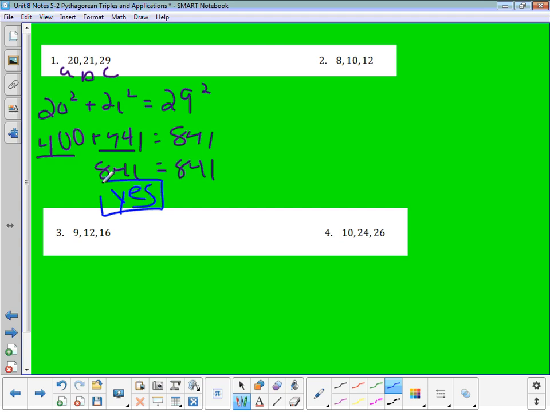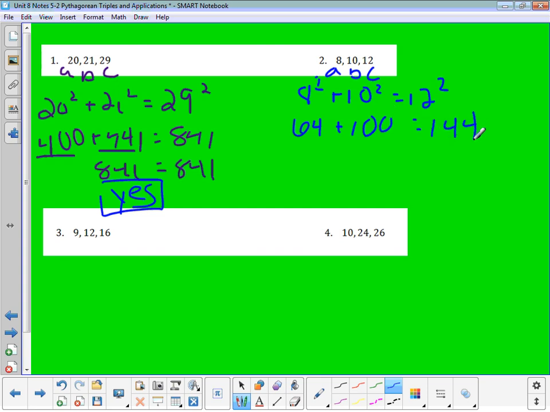Again, our two shorter sides are going to be a and b, and our longest side is going to be c. So we're going to plug that in. We're going to take 8 squared plus 10 squared, and set that equal to 12 squared. Well, 8 squared is 64, 10 squared is 100, and 12 squared is 144.